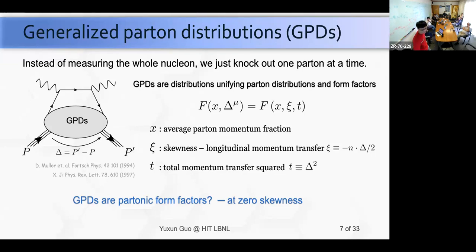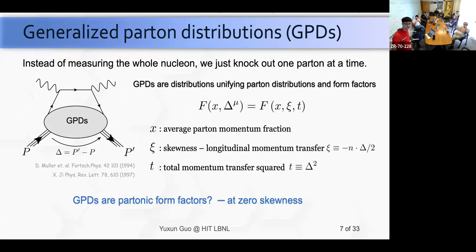One thought here is that you might want to interpret the GPD as just the partonic form factors, right? That's what I said, but it's actually a bit more non-trivial than that because of the skewness parameter. If there is no longitudinal momentum transfer, the parton moves, you give it a recoil, and that's the partonic form factor. But if you have longitudinal momentum transfer during this recoil, the parton actually changes longitudinal momentum. And to make things worse, its positive momentum can go negative if ξ is larger than x.